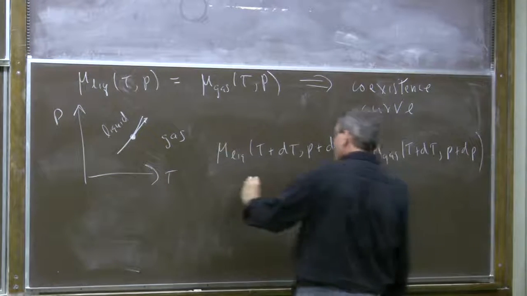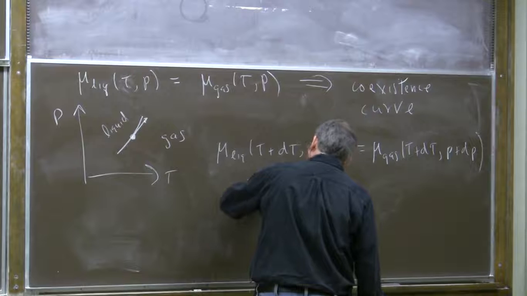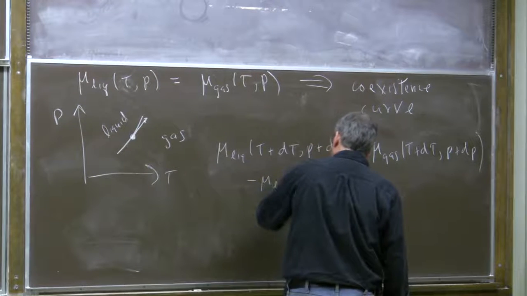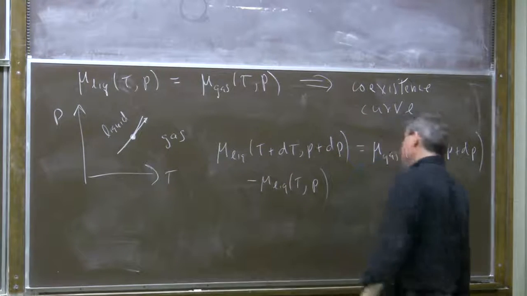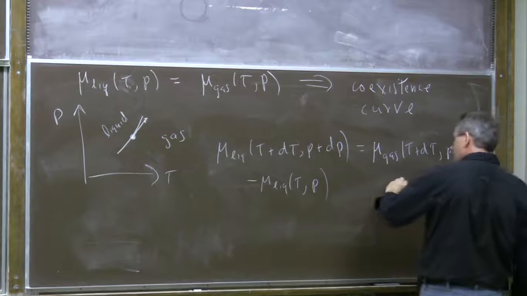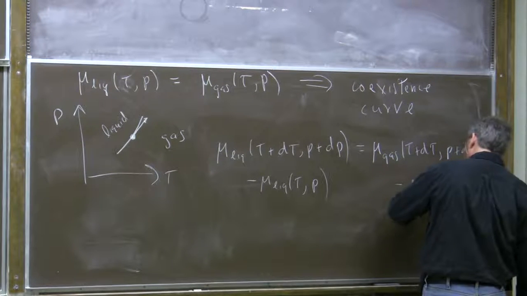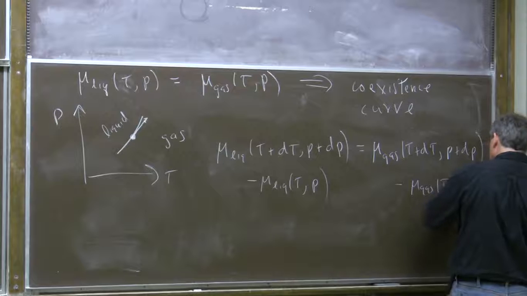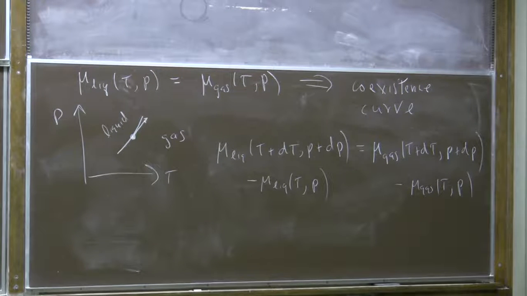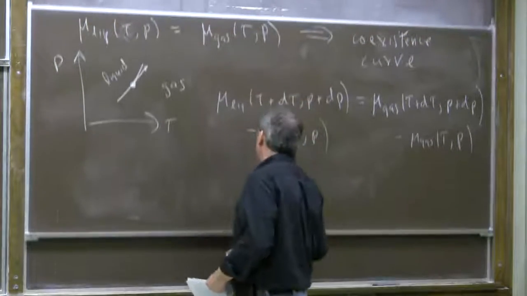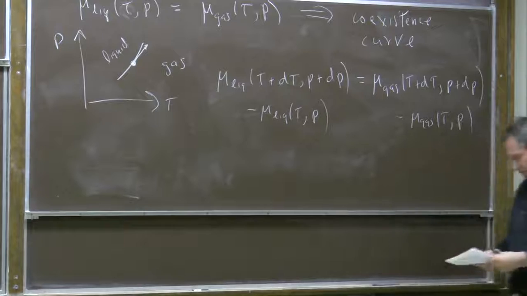And I can subtract away from both sides the chemical potential at temperature tau and pressure P, since those are equal. And let's expand to first order in small quantities to see how the change in the temperature and the change in pressure are related.